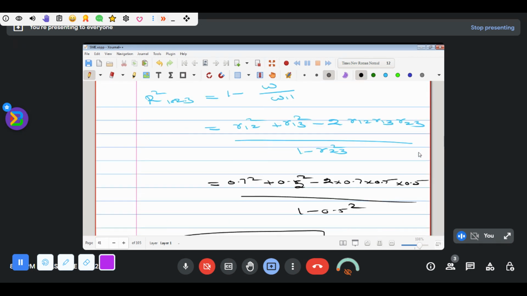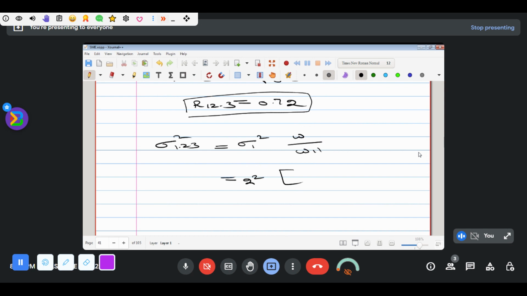Therefore, I apply the omega formula here and rewrite everything: 1 minus r12 squared minus r13 squared minus r23 squared plus 2 times r12 r13 r23, divided by omega 11, which you already know many times, is 1 minus r23 squared.